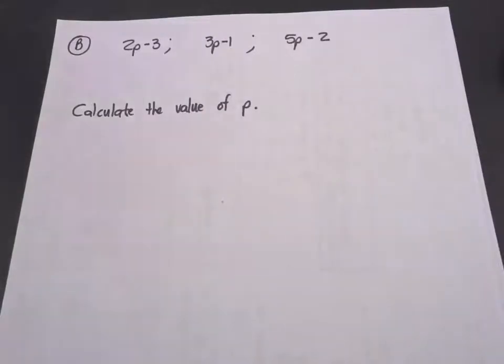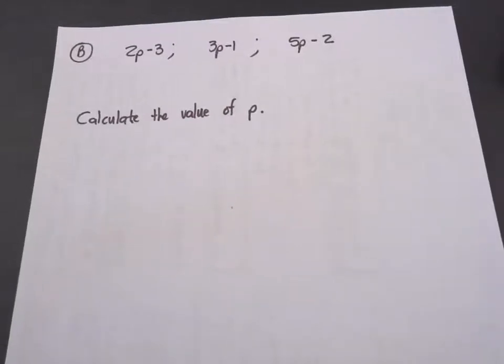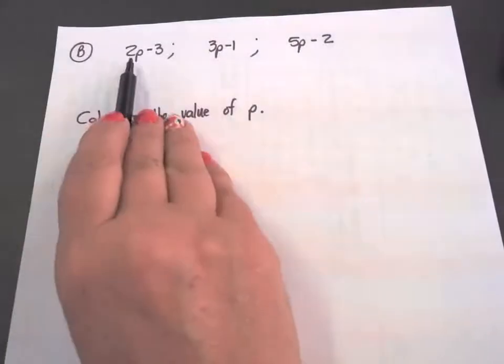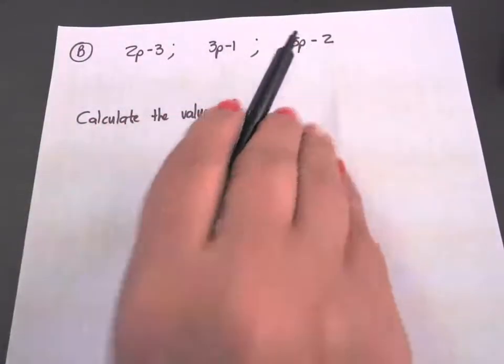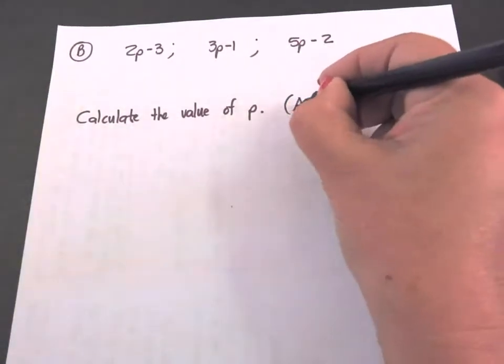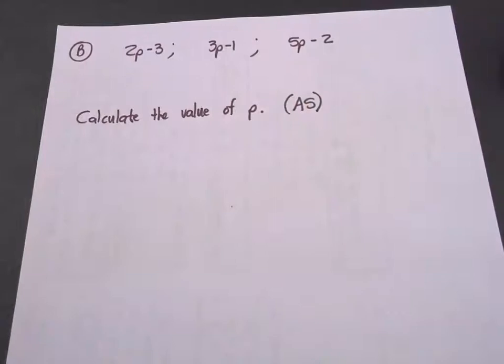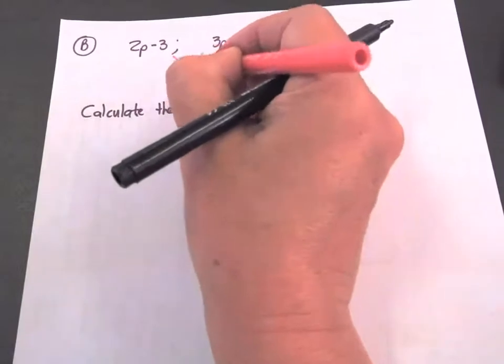Our next example. Calculate the value of P. Now, P is a variable in our terms. Let's assume that it is an arithmetic sequence. And we need to work out what the constant difference is.